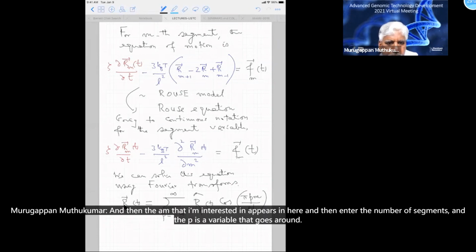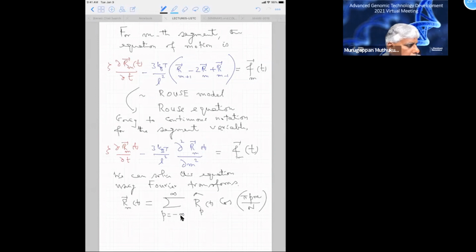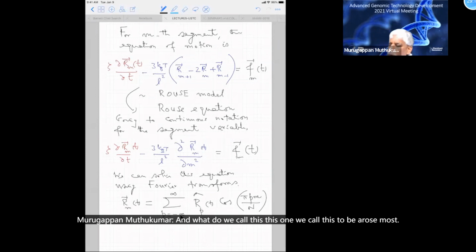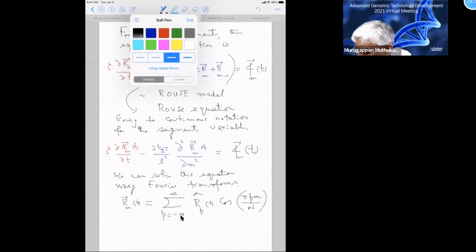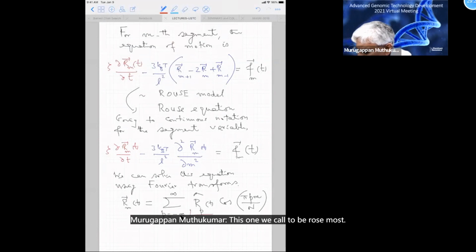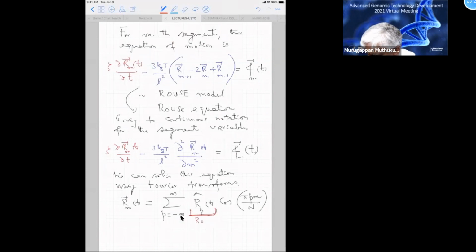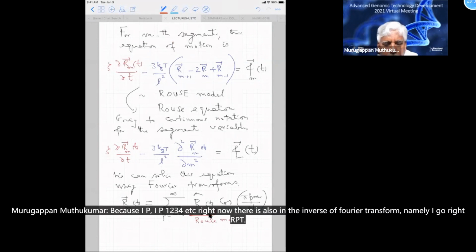The m that I'm interested in appears here, and N is the number of segments. And p is a variable that goes around. We call these Rouse modes, because there are p equals 1, 2, 3, 4, etc.